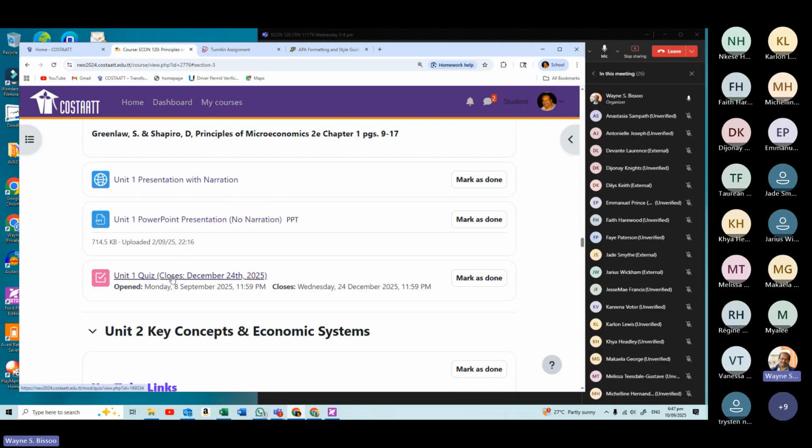Because you have more than one attempt, if you get a bad result, for me, less than 100 is not good enough. What you need to try and get is full marks for all these quizzes, because collectively the quizzes are going to amount to 30% of your final grade.